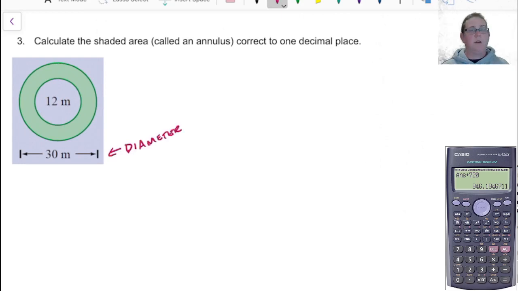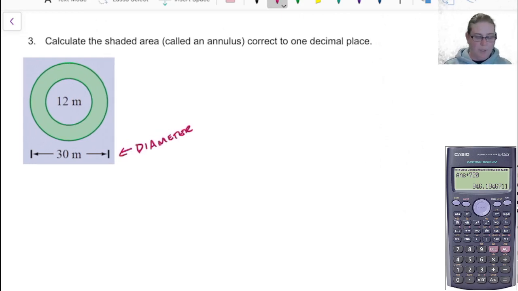So that's the diameter. What we want is the radius. Therefore, the radius is going to be 30 divided by 2 because the radius is half of a diameter. So we're going to have a radius of 15 for that big circle.